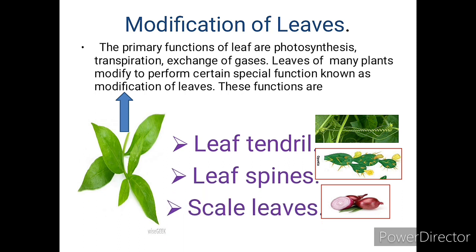But in some plants, leaves are modified to perform special functions. These modifications are leaf tendrils, leaf spines and scale leaves.